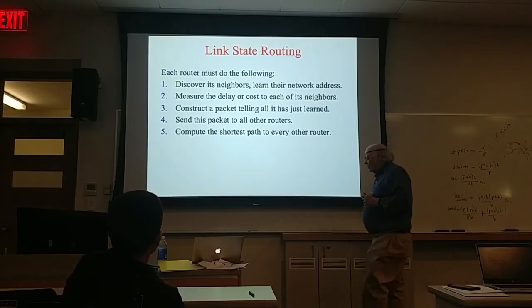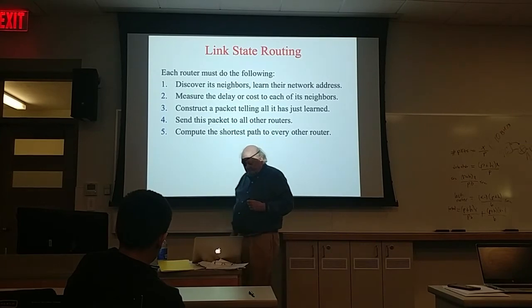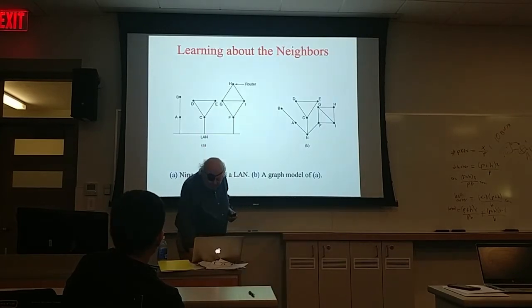Compute the shortest path for every router. Now, this needs a router to send a query on each point of attachment that it has, announcing itself, and needs to have estimates of delay, the metric, from each one.